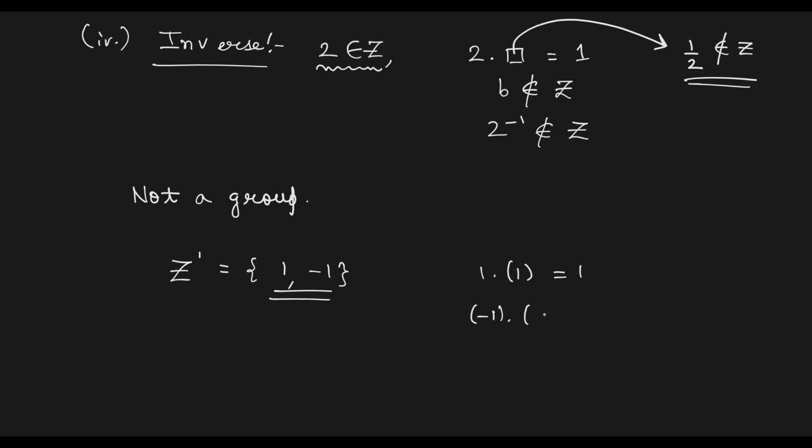Minus 1 into some element should be 1, it will be minus 1 only. So these are self-inverse elements. Then this is a group under multiplication. Is this clear? Yes.